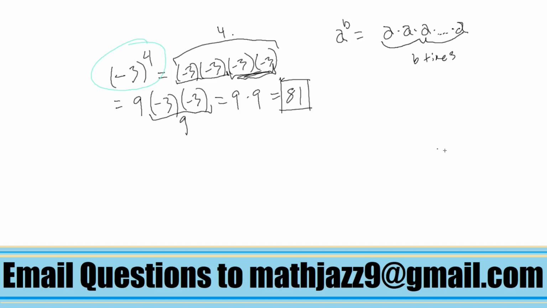In this new problem, the exponent only affects this base here, this 3, and the negative sign is considered to be out in front of it. So this is the same as saying -(3 to the 4th). These are the same thing.